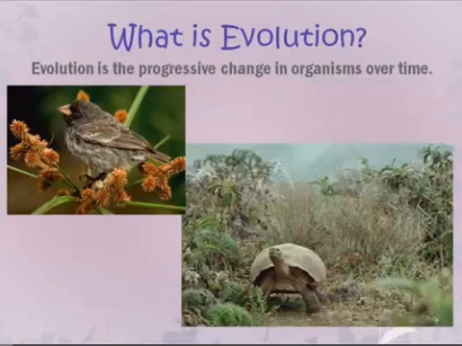The definition that we'll use for evolution is the progressive change in organisms over time. Now this has to be a genetic thing. It has to be something that can be passed down to future generations. Otherwise it's just something that's been acquired, kind of like a scar or pierced ears.